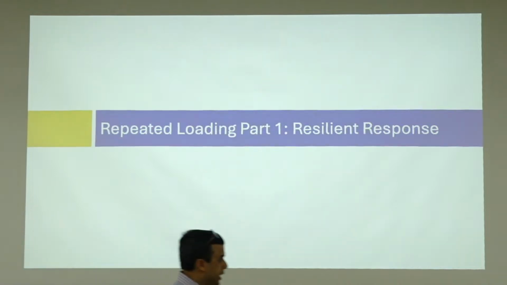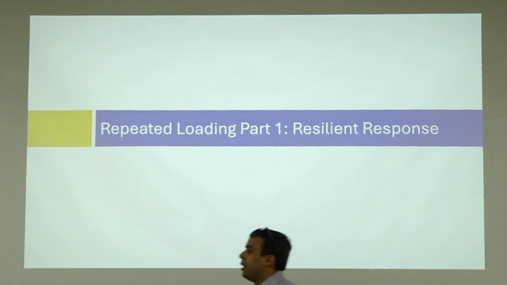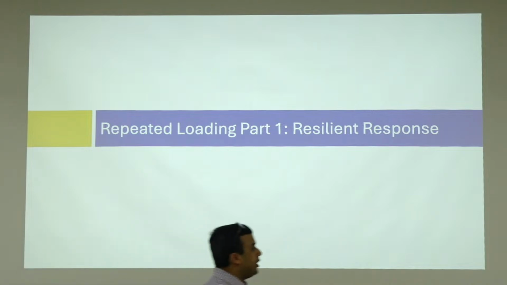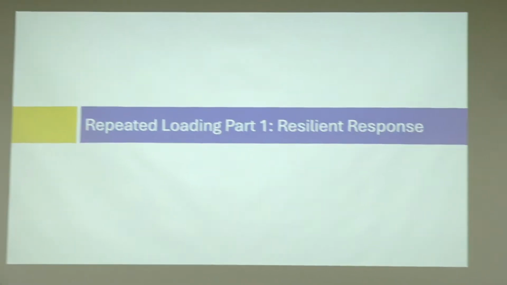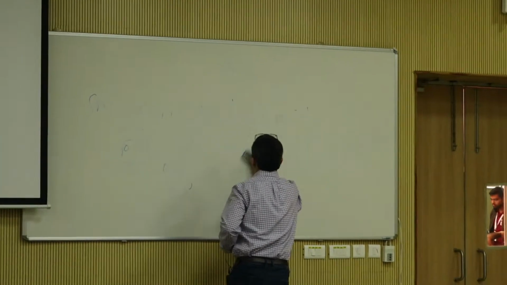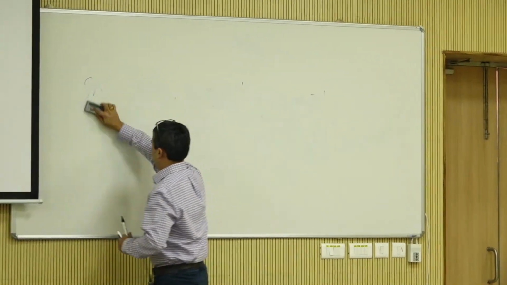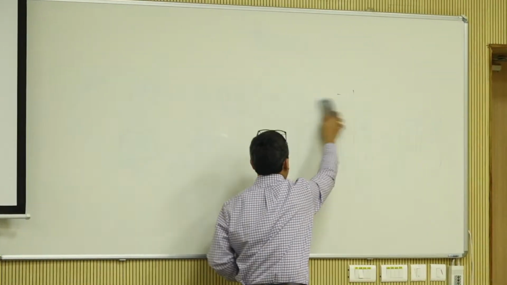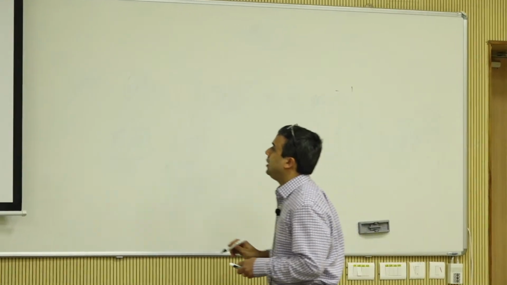So repeated loading. We are going to talk about repeated loading and repeated loading response, and we will see what resilient modulus is. I touched on it yesterday a little bit, so we are going to build significantly on that. There are several ways of visualizing this. I told you already what repeated loading is.